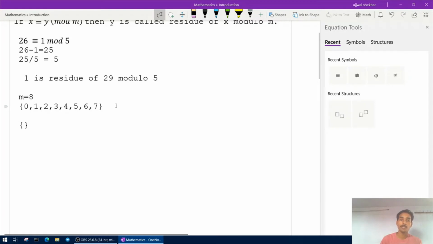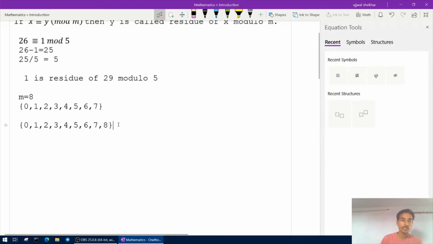This is also a complete residue system. So if I take m equals 8 only, 2, 3, 4, 5, 6, 7, 8, let's say I'm including 8.